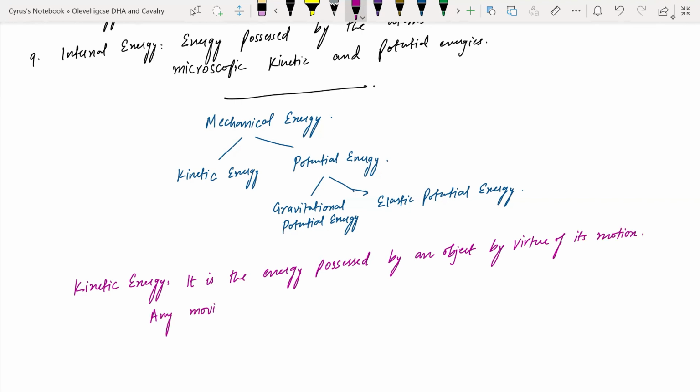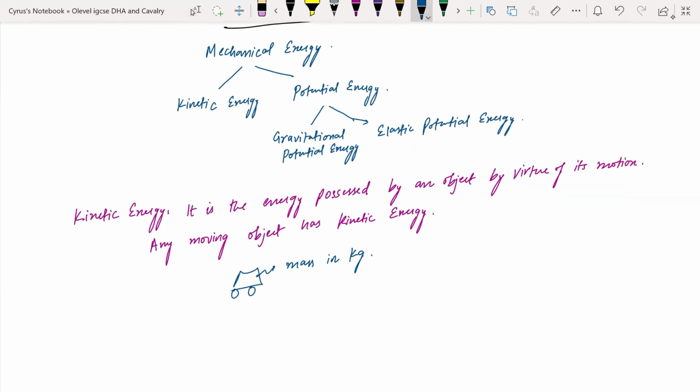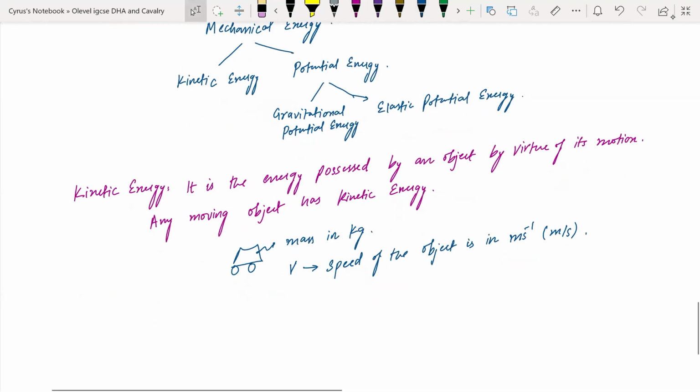Any moving object has kinetic energy. I have here an object. This is a car. The car has a mass in kilograms, right? Let's say the car has the speed v, and the speed of the object is in meters per second. So what will be the formula for its kinetic energy?